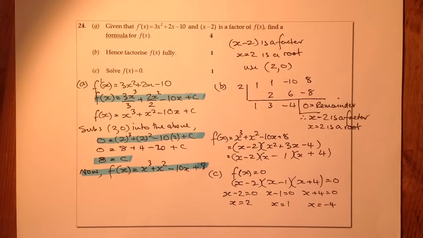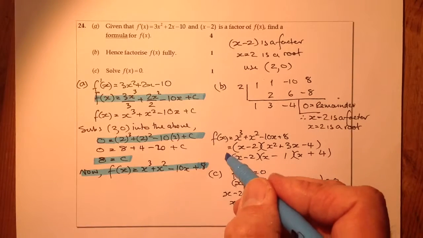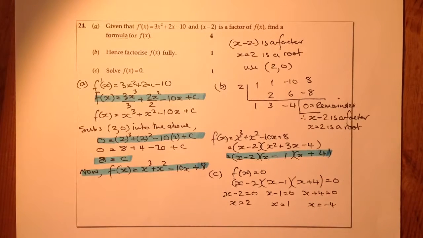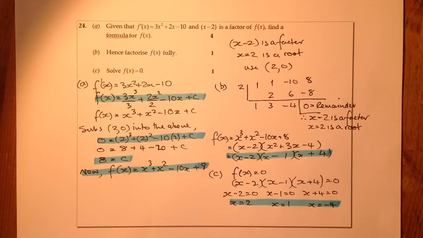So that's 4 marks that we've got for part A. Factorising fully, 1 mark, so we'll go for this line here. And for solving f of x equals 0, go for these parts here, so x equals 2, x equals 1, and x equals minus 4. And the total there is going to be 6 marks to gain.